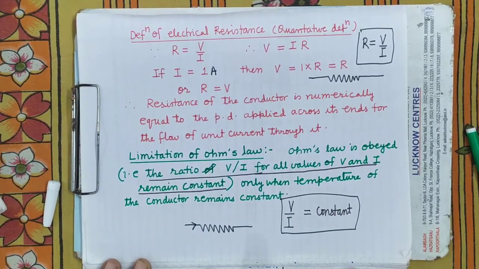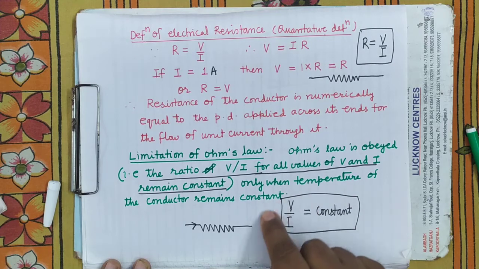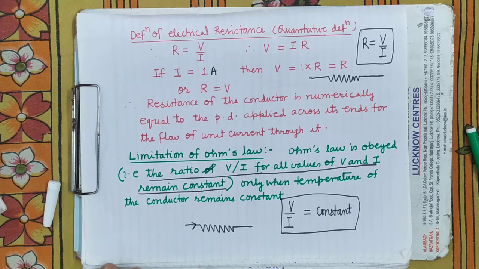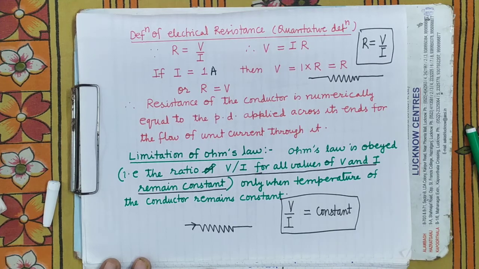But up to the moderate range of temperature in metallic conductors, it has been found that V upon I remains constant for different values of V and I. Is it clear? But at a very high temperature, it will also not remain constant.